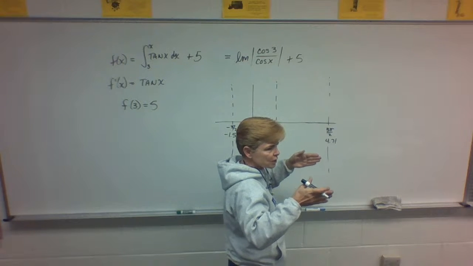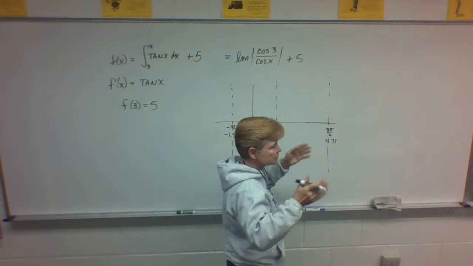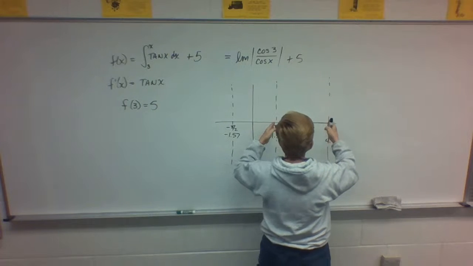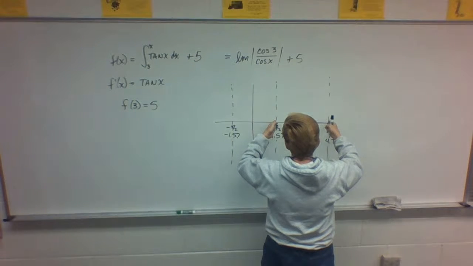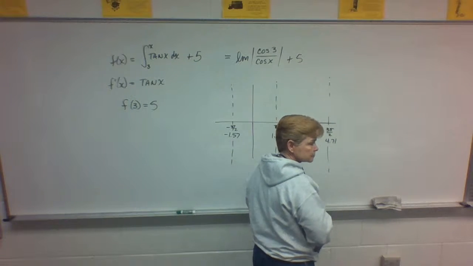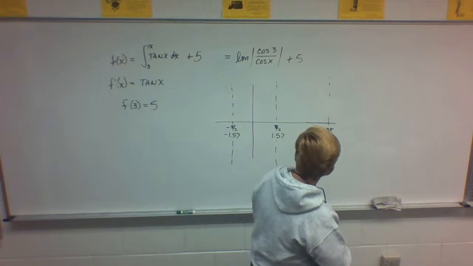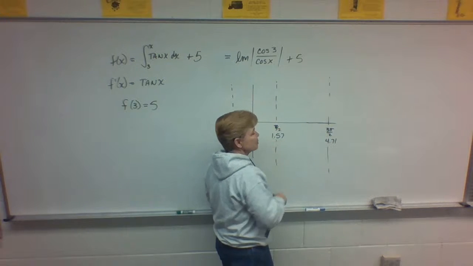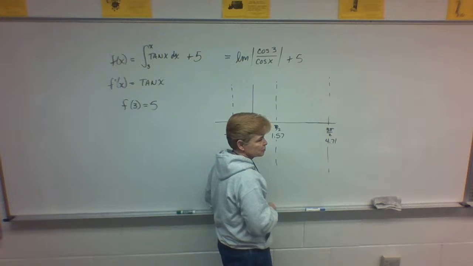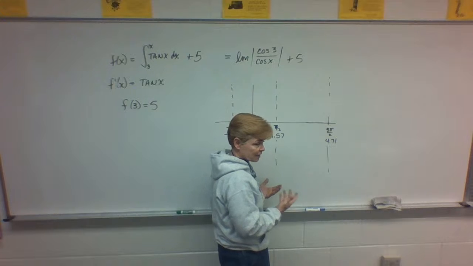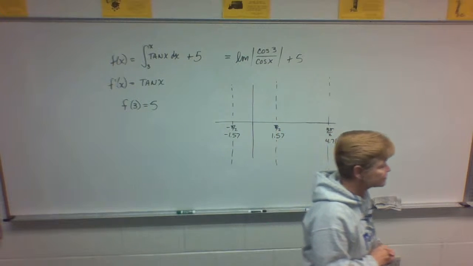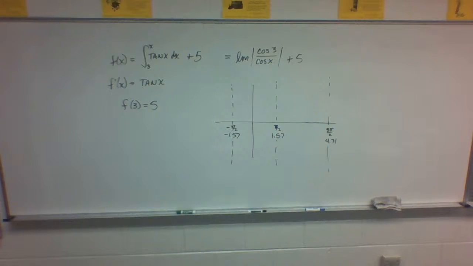It still views those as a problem. So how could we squeeze in the window just a little smidge? 1.58, or you could just say pi halves plus 0.001. Type that in your x min, because you want to get just slightly out of that asymptotic problem.